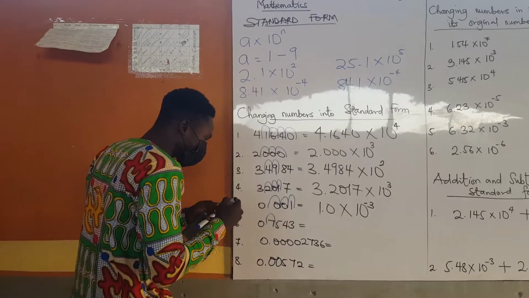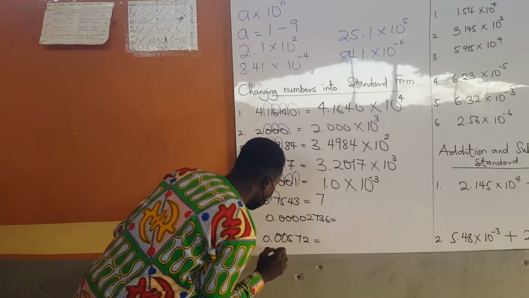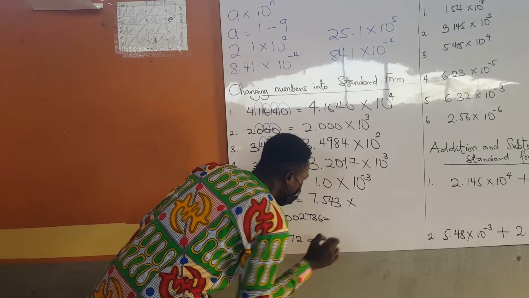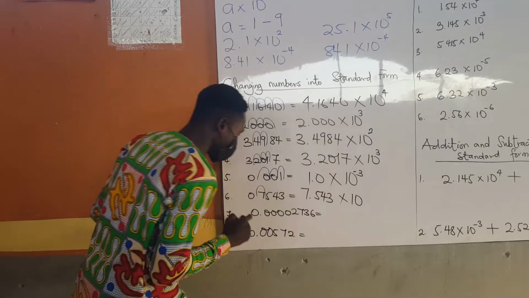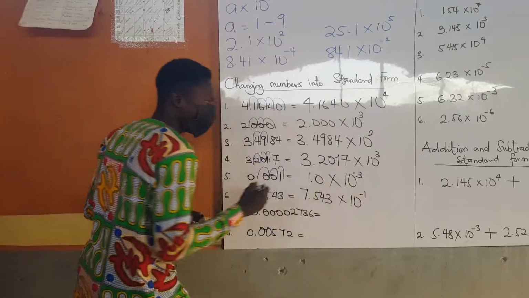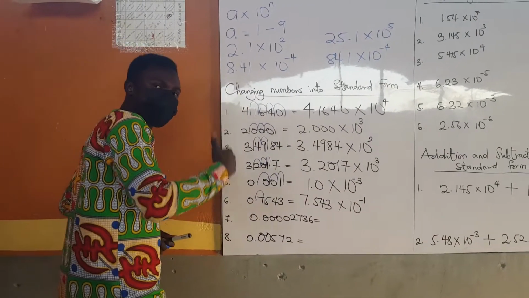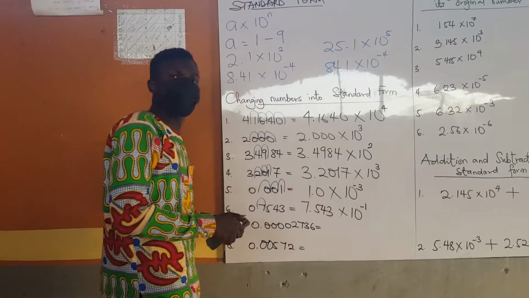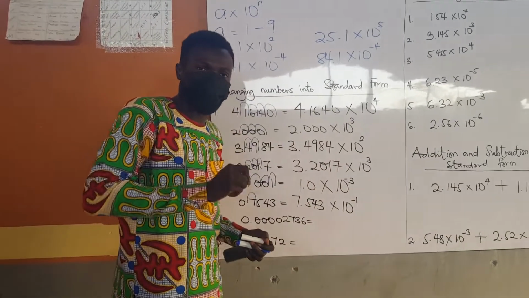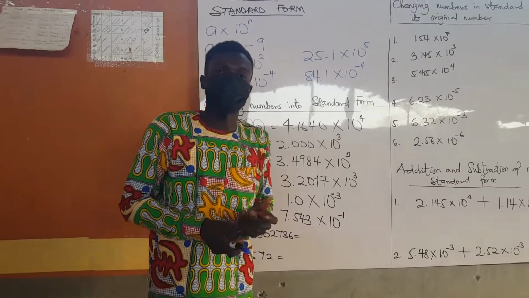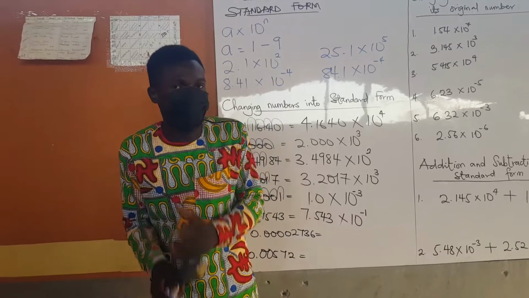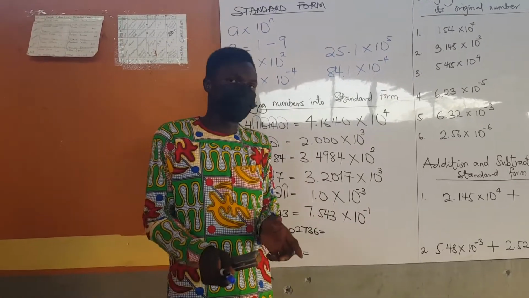So I'm going to write this as 7.543 times 10 raised to the power negative 1. Why negative 1? Because I moved to the right. If you move towards your right, the power of 10 becomes negative, but if you move towards your left, the power of 10 becomes positive.